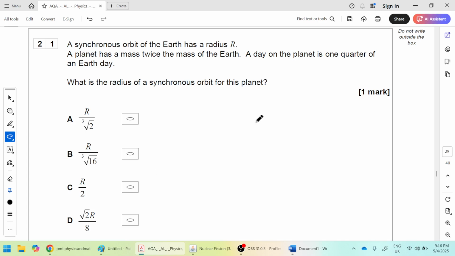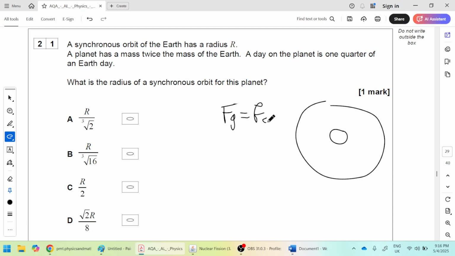I'm going to look in the gravitational fields to see if I can find the quick equation for this, because I can derive it from circular motion, but that's going to take time. Let's see. Unfortunately, there is no equation for time period, so we are going to have to derive it. So again, circular motion, the key thing is that we deal with the centripetal force. And here the centripetal force is the gravitational force.